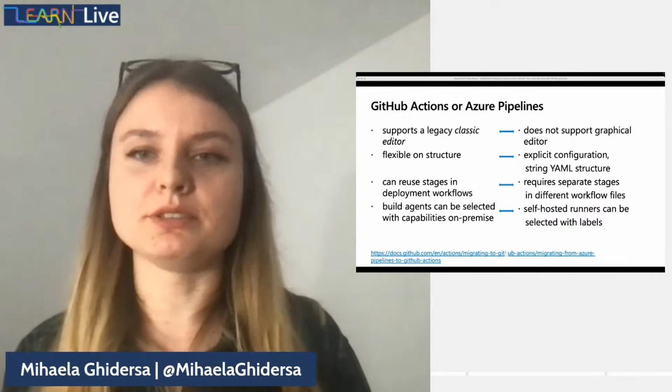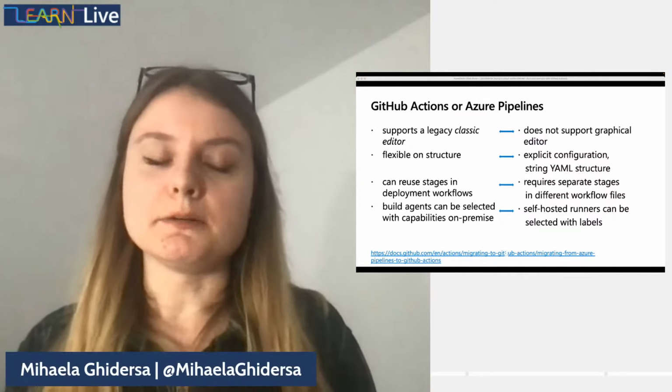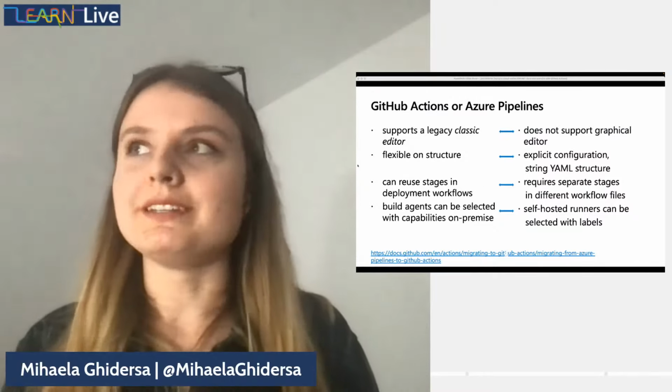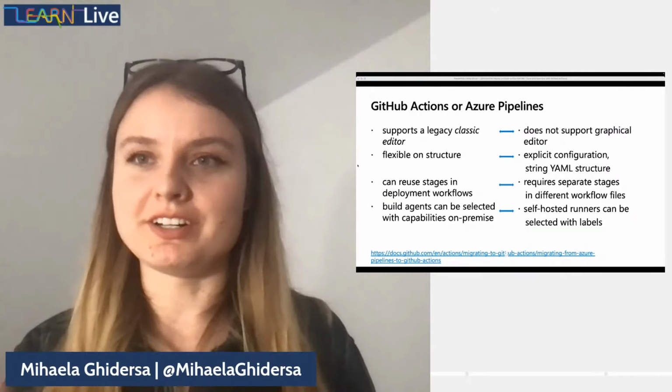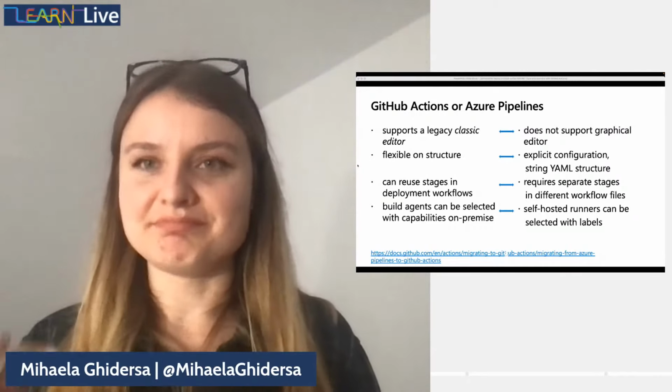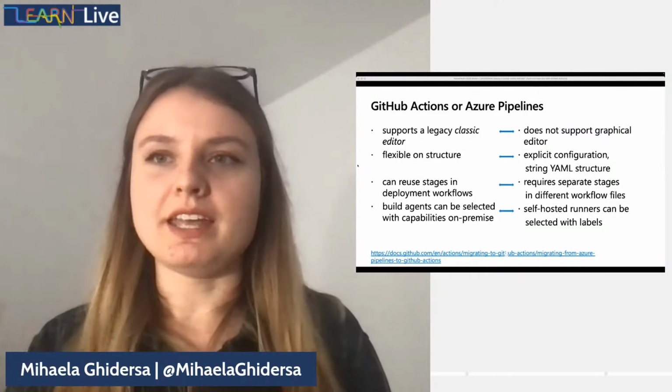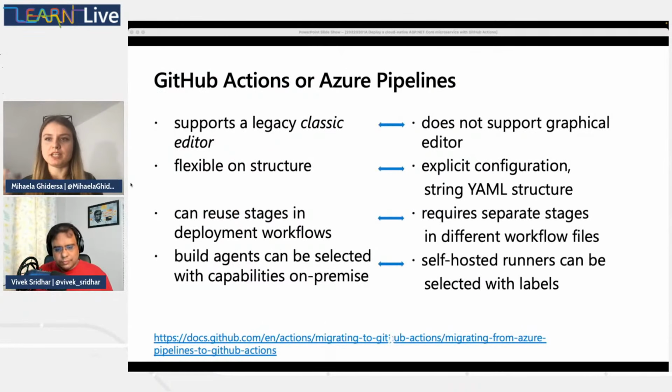Then we can discuss the fact that Azure Pipelines are somehow not that strict on the structure of the configuration. You can have only one job, so that's okay. You can work only with a job. Well, for GitHub Actions, you need some explicit configuration.